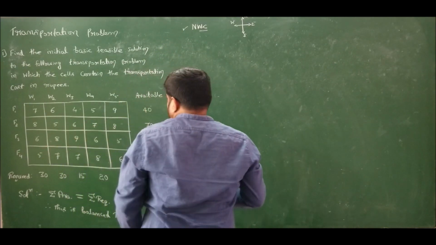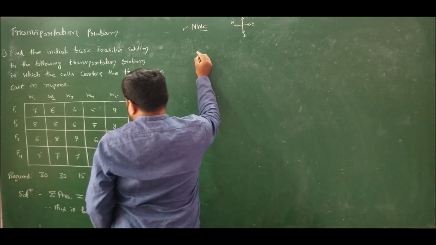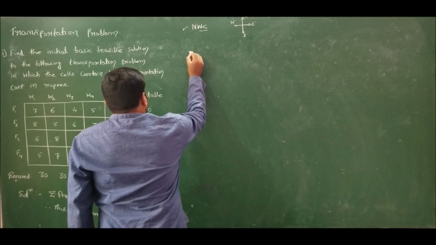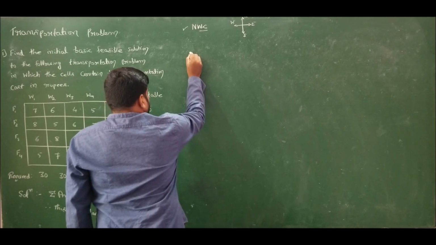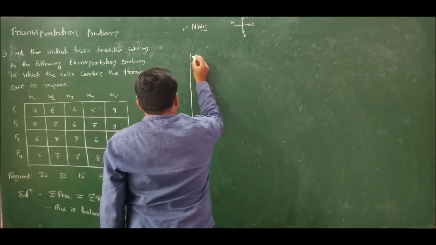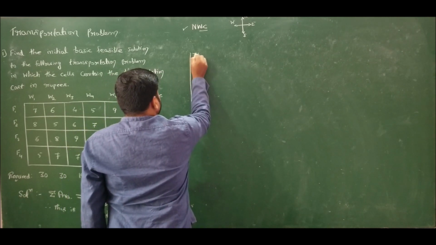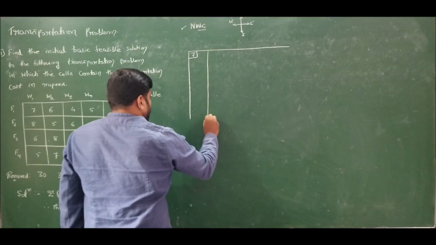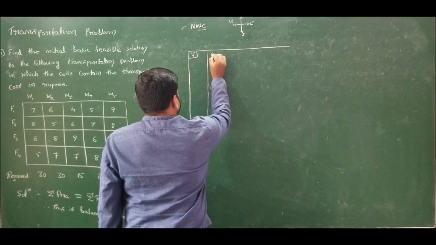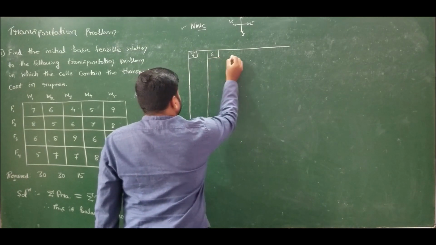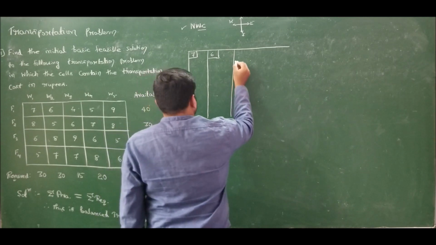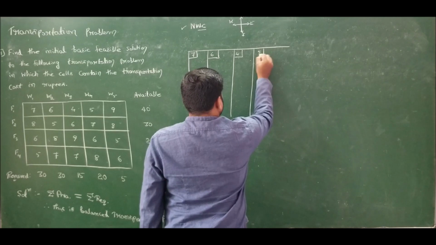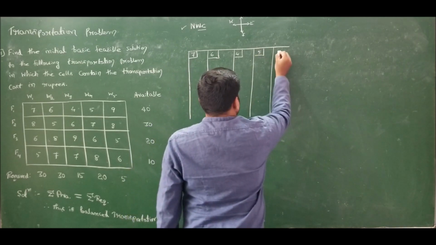First let us rewrite the given problem such that the unit cost is written at the northwest corner of each cell, and then we will make the allocation. So first we have 7, then we have 6. Next we have 4, next we have 5, next we have 9.